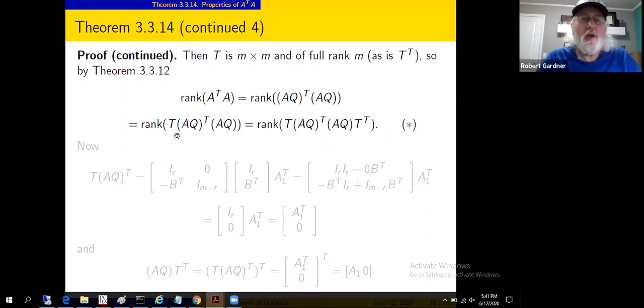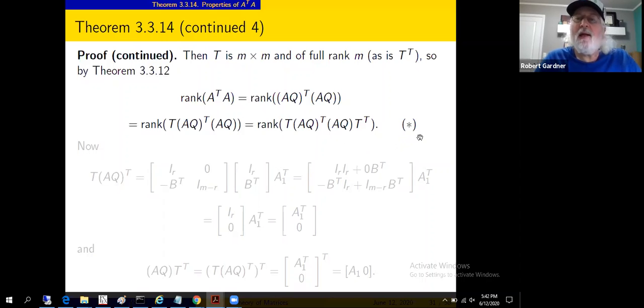But you would have to agree I can introduce that matrix T. So I've introduced a matrix T on the left. Now I want to introduce a T transpose on the right. If T, a square matrix, is full rank, then T transpose is full rank as well. So first we'll multiply on the left by T. Theorem 3.3.12 lets us do that. Secondly, we'll multiply on the right by T transpose. Full rank matrix, the theorem will let us do that as well and not change ranks.